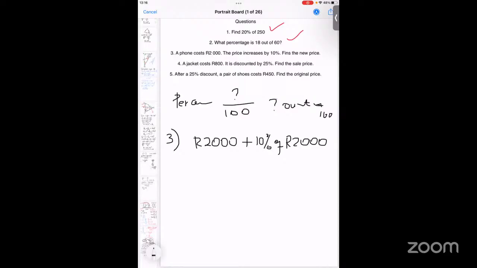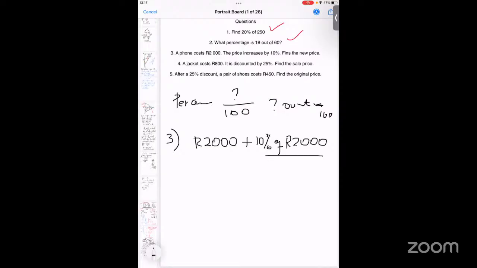In other words, we are simply saying it is 2,000 plus 10% of that 2,000. That's how you would calculate the new price. If we want to go step by step, let's firstly find out what is 10% of that 2,000.